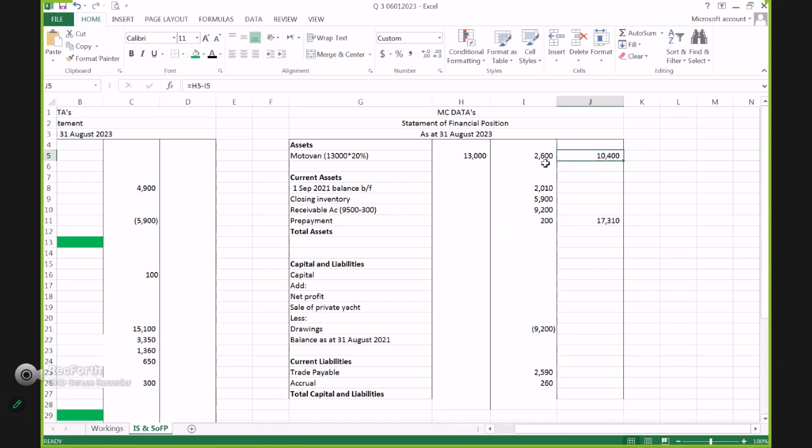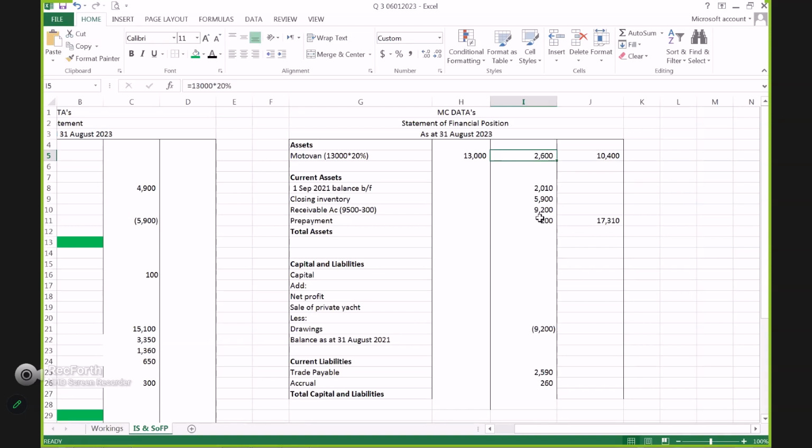So for the newly purchased motor van in the year, 13,000 is the cost. Twenty percent depreciation is 2,600. You deduct 2,600 from 13,000, giving a net book value of 10,400.